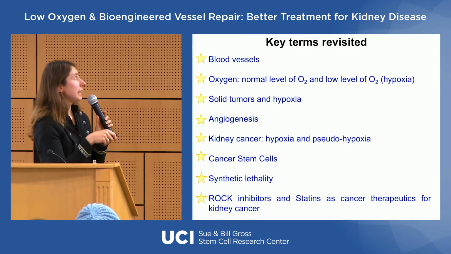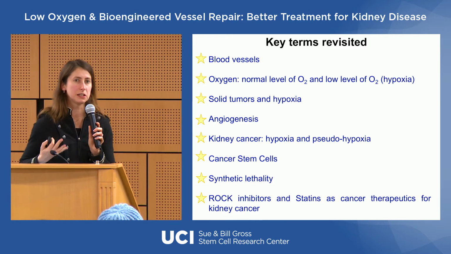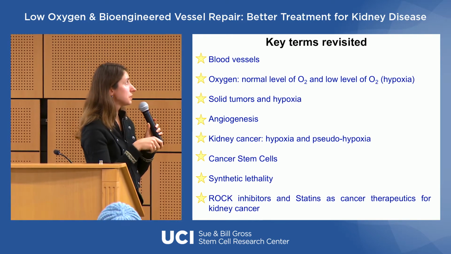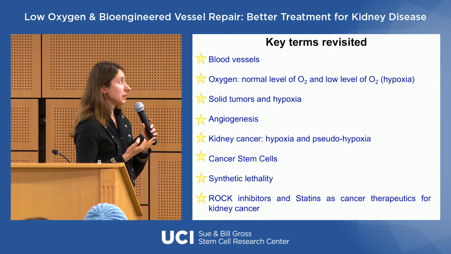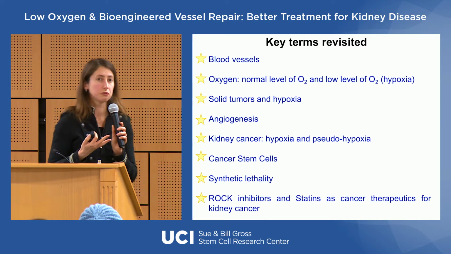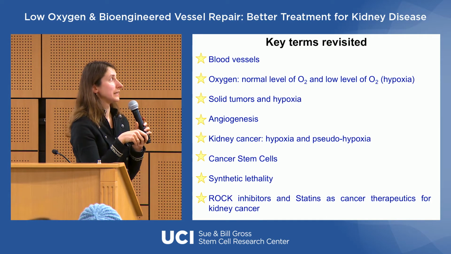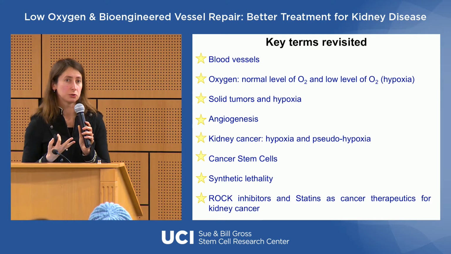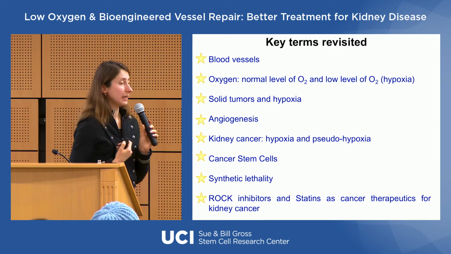So today I introduced to you the blood vessels. The blood vessels are the tubes in the body which deliver oxygen and nutrients to the tissues. I explained to you that every tissue requires a normal level of oxygen in order to function and generate energy. And when the oxygen is low, when there is hypoxia, this is when the tissue needs to adjust in order to survive and function. I talked about solid tumors and hypoxia.